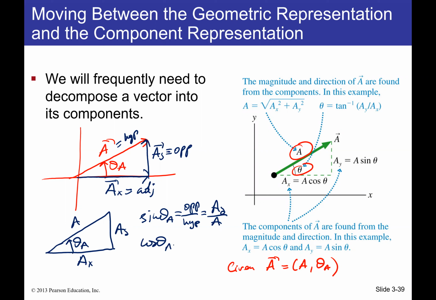Cosine of theta A is then adjacent over hypotenuse. What is my adjacent here? That's the x component, divided by the hypotenuse, which is A. I also have tangent of theta A, which is opposite over adjacent, which in this case is Ay over Ax.